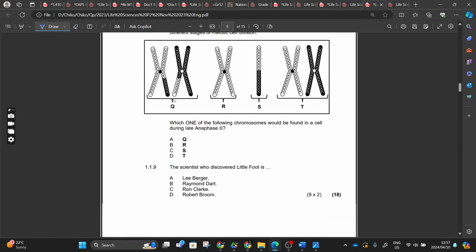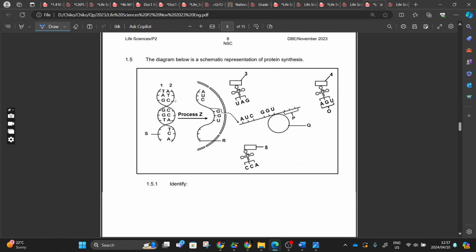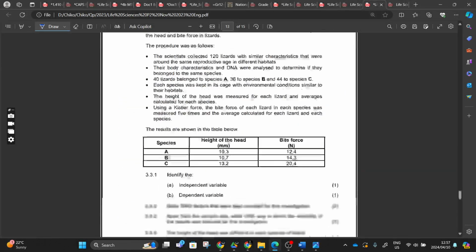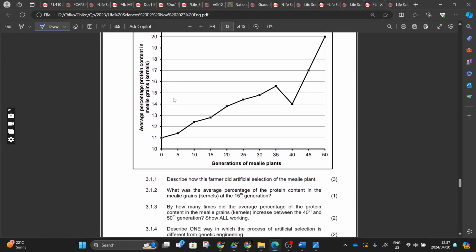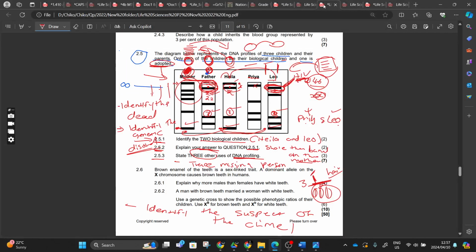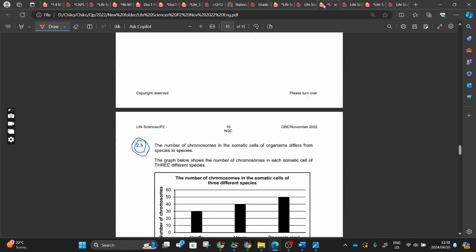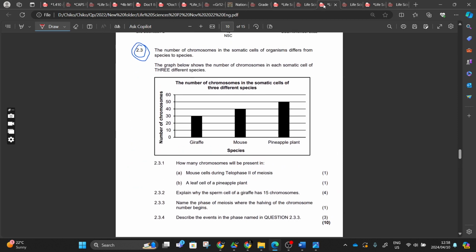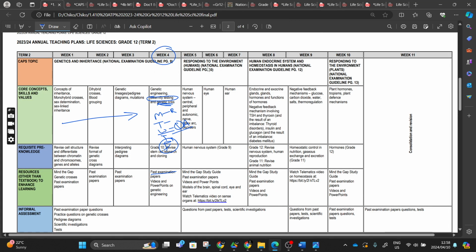So from there, let me check under 2023 if we also have another question related to blood, right? So we don't have, right? So we have these questions here. I also love to do this, still have time. 2.3, right? These are the questions under genetic engineering.